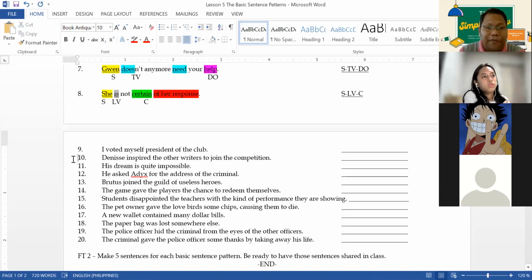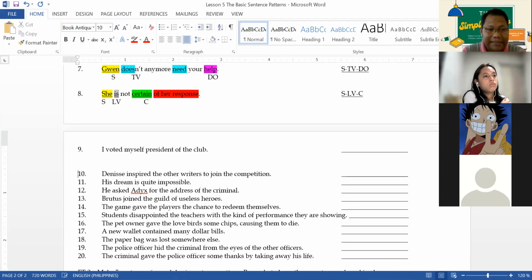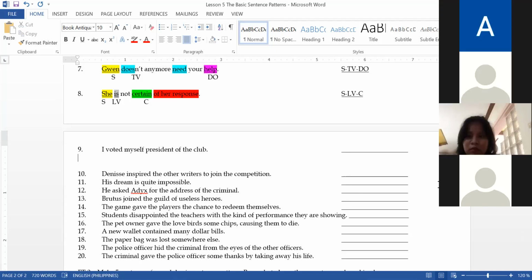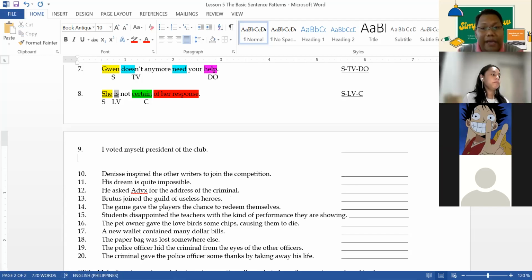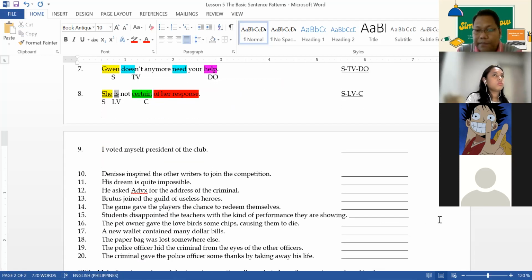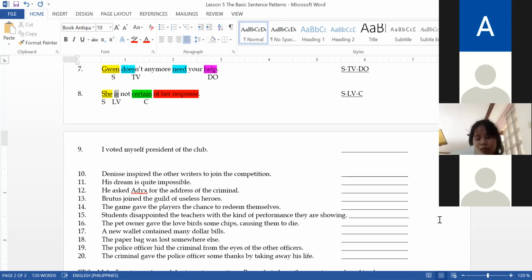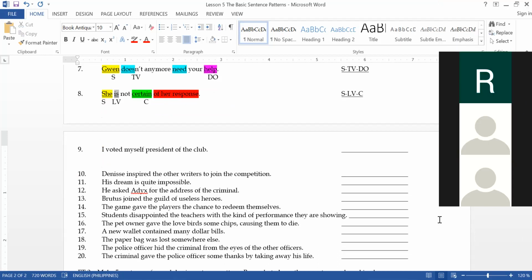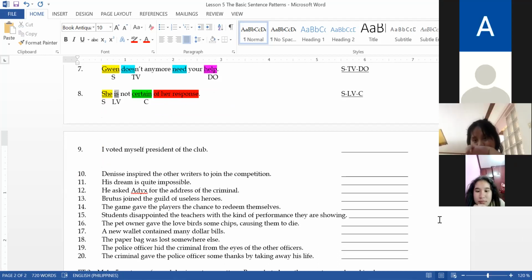Any questions so far from numbers 1 to 8? Any question? May I know do we have students who are in the score of 8/8 so far? Who got an 8/8? Out of the 8 numbers that have been answered, who has an 8/8? Avril, okay.